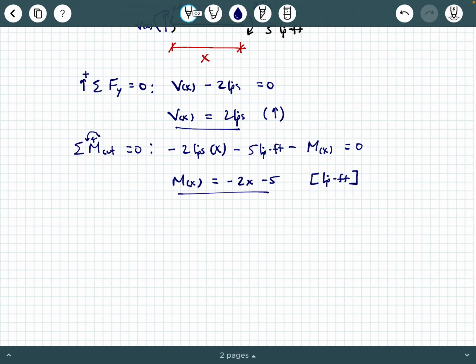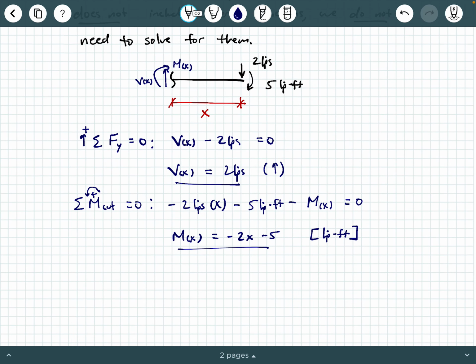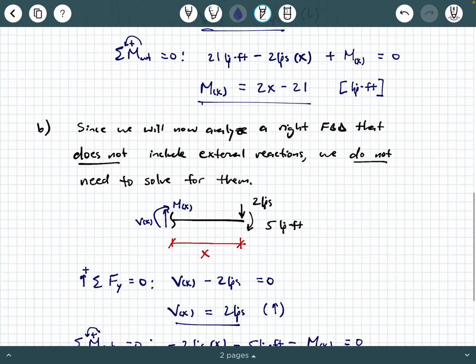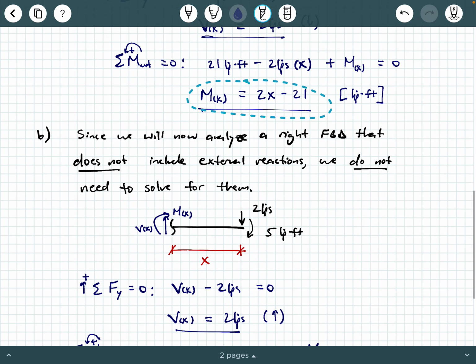Now you might be thinking, wait a second, this moment function I just calculated in part B looks different than the moment function I calculated in part A. I thought we said we're going to get the same thing and it's the same beam. Well, physically the same thing is happening in both cases. The difference is where we are establishing our origin and which direction we're taking as positive x.